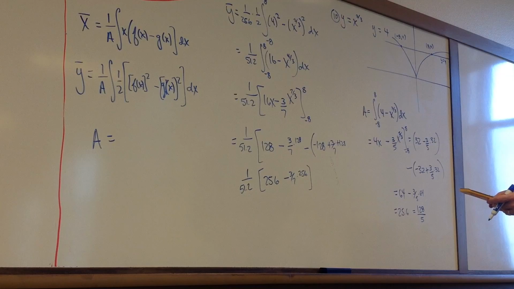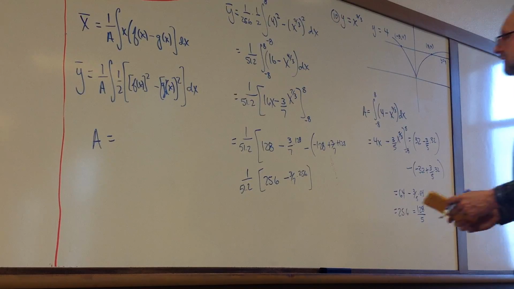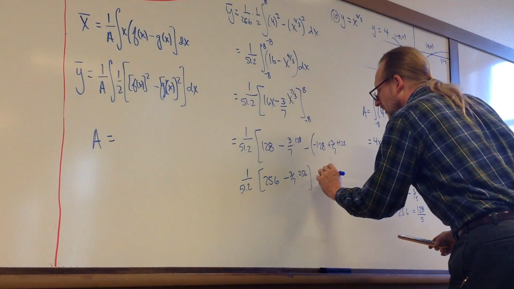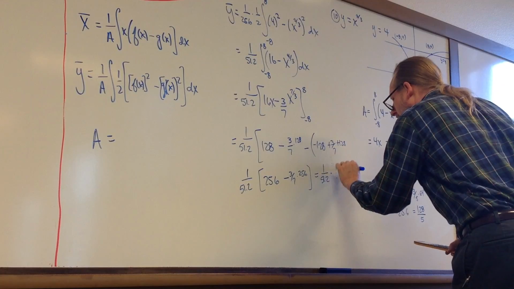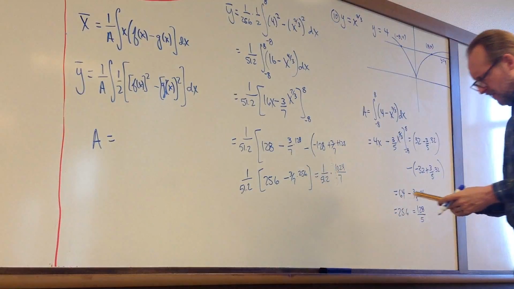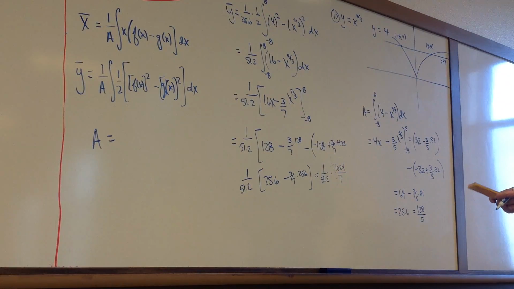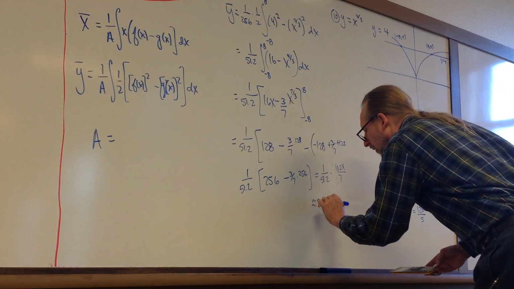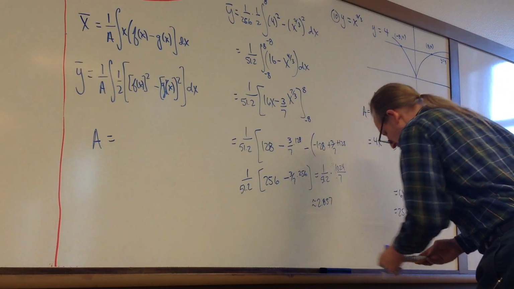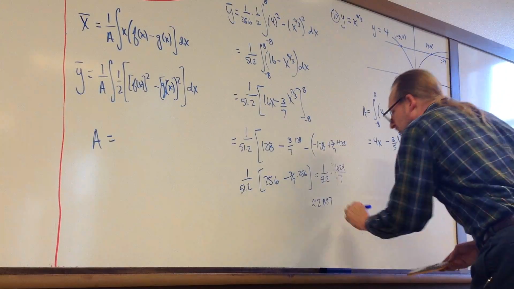It's about 146.3 or so. But what it really is, 1,024 over 7. And if we multiply that by 1 divided by 51.2, we get about 2.857. But as a fraction, that's 20 over 7.